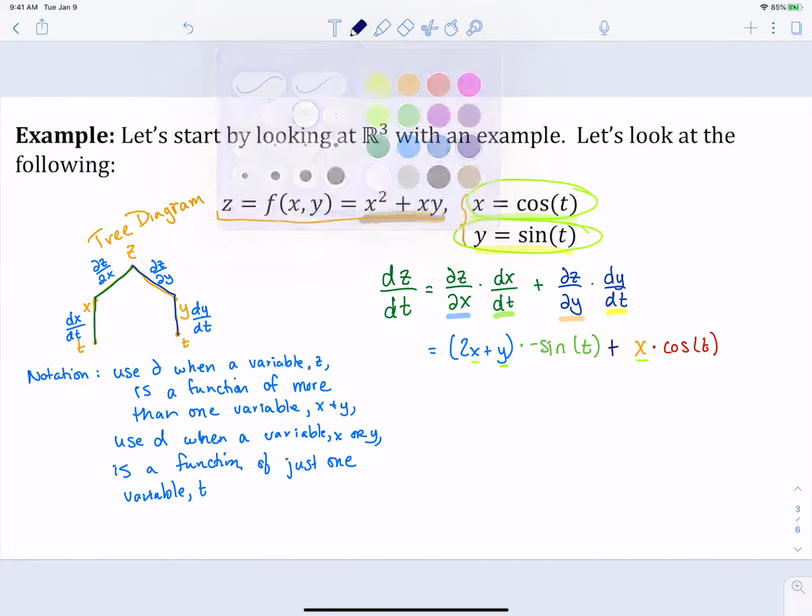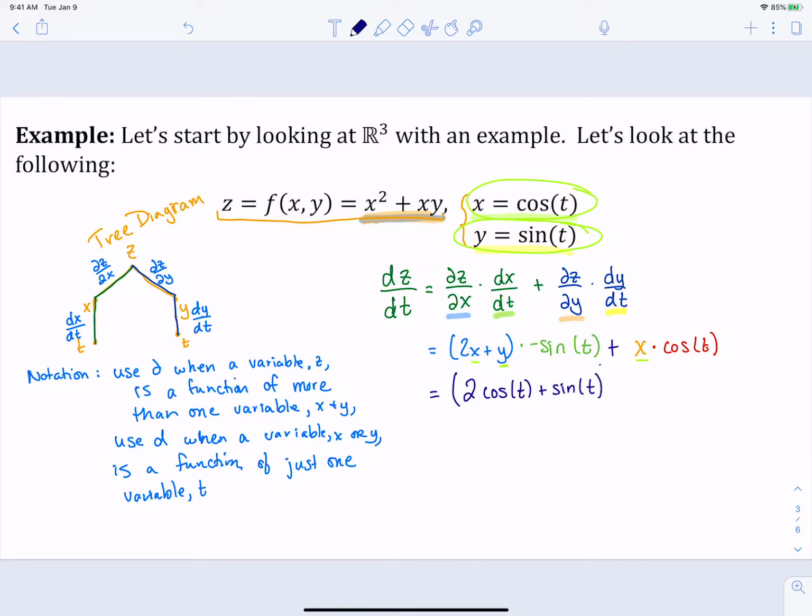So this is going to change our derivative to be 2 times cosine of t plus sine of t, and this does need parentheses around this, times negative sine of t, and then plus x is cosine of t, and then times cosine of t.